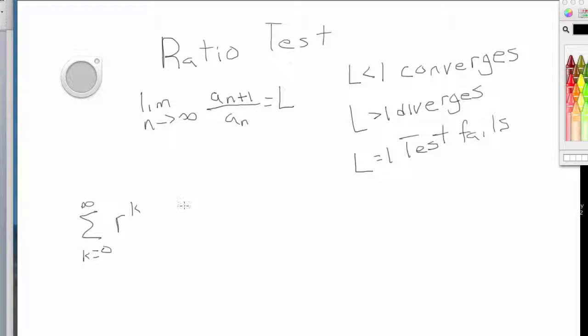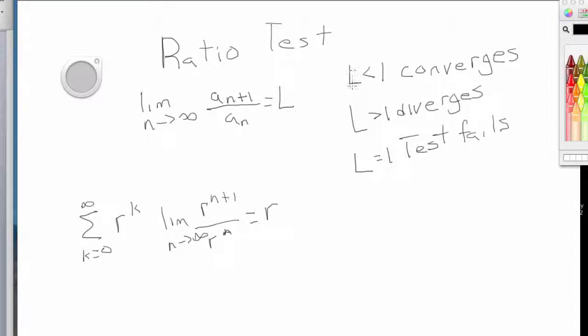What is this ratio? The ratio between the n plus first term and the nth term is r sub n plus 1 divided by r sub n, which is just r. So I'm taking the limit as n goes to infinity of that, and I get just r.